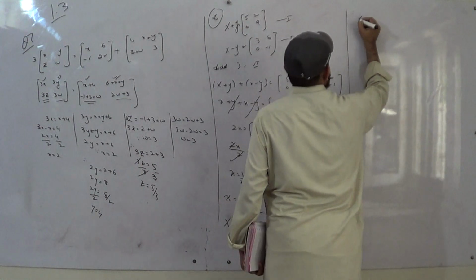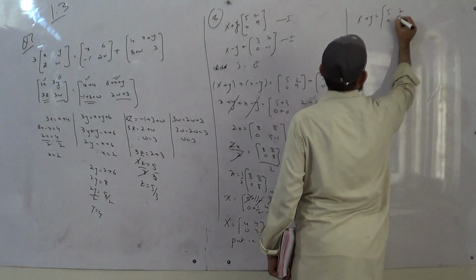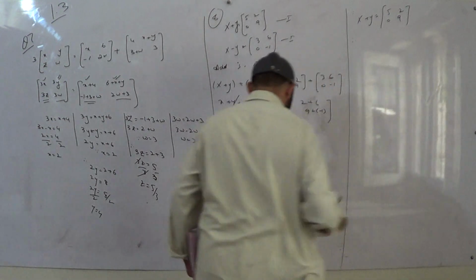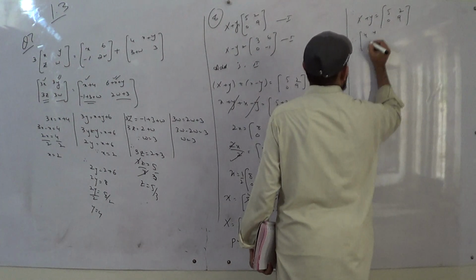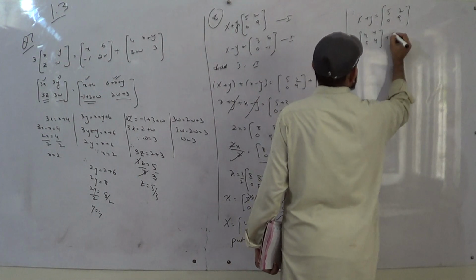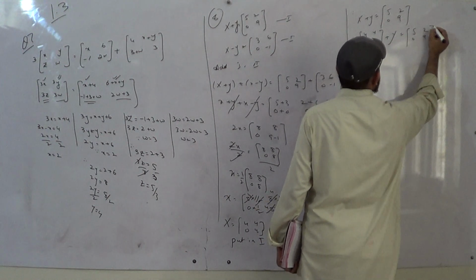Since x plus y is equal to [5 2; 0 9], therefore the value of x is here, [4 4; 0 4] plus y equal to [5 2; 0 9].